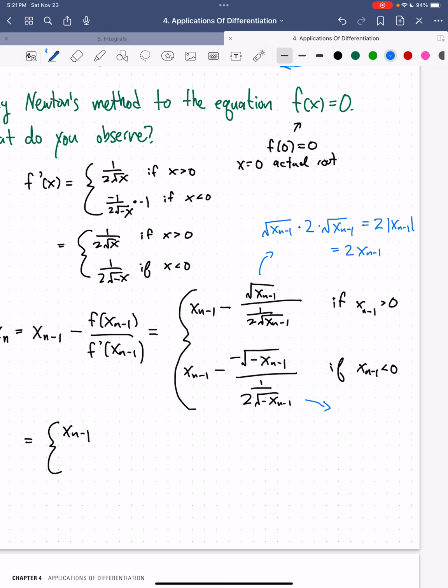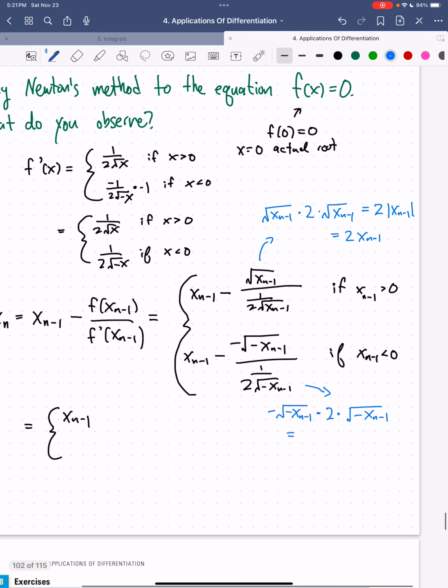Let's see what we get for this one. Well, you would have negative root negative xn minus 1 times 2 times root negative xn minus 1. And so then if we combine things, negative 2, and I'll go really carefully here, we have the root of negative xn minus 1 squared.